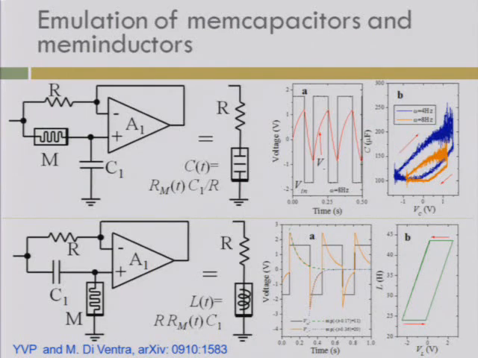And here we realized emulators of Mem-capacitive and Mem-inductive systems based on memristors. The main idea is to use a modified gyrator scheme. A gyrator is a scheme which is used to replace large value inductances in electronic schemes. In order to explain the behavior, we have 2 current paths.